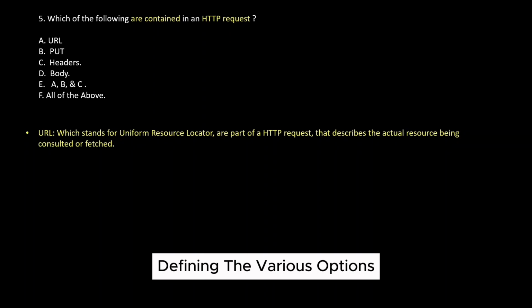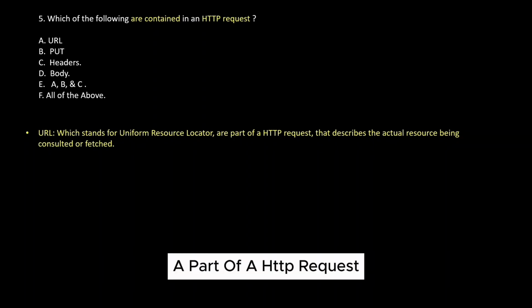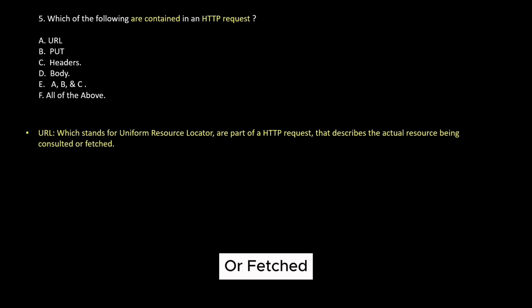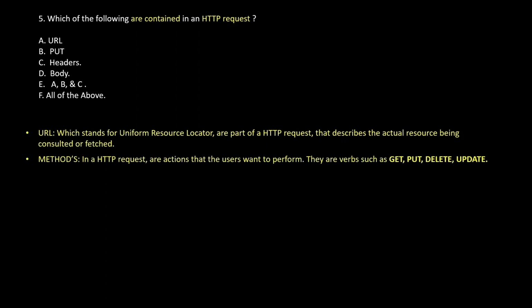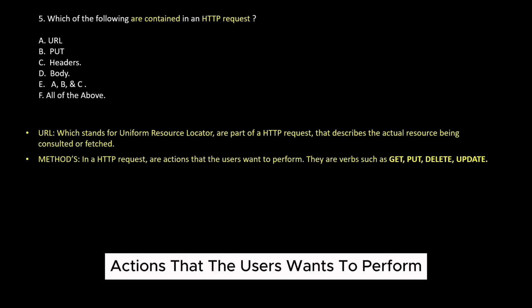Defining the various options given: URL, which stands for Uniform Resource Locator, is part of an HTTP request that describes the actual resource being consulted or fetched. Methods in an HTTP request are actions that the user wants to perform.